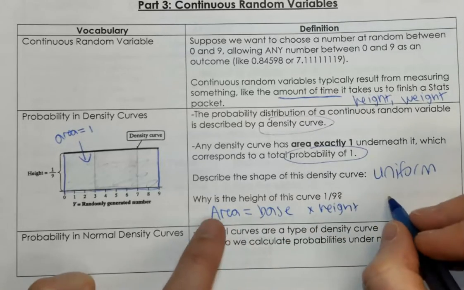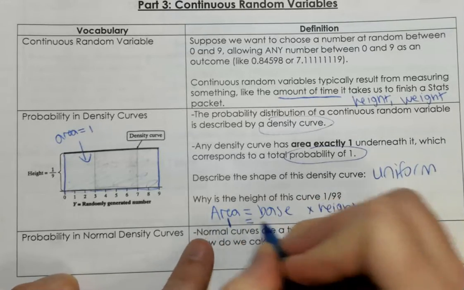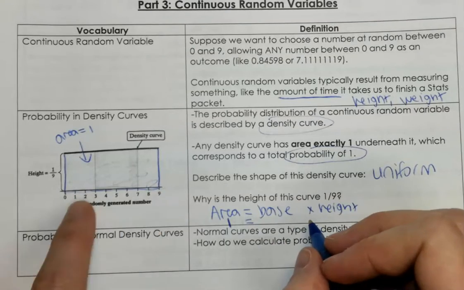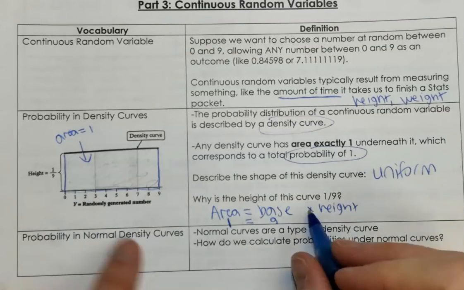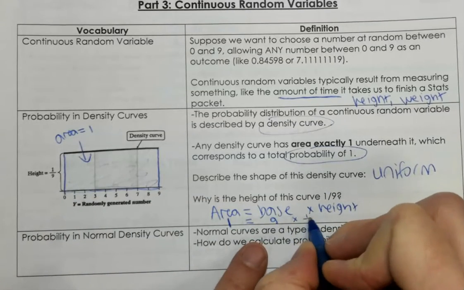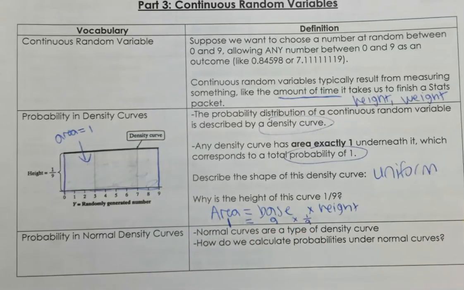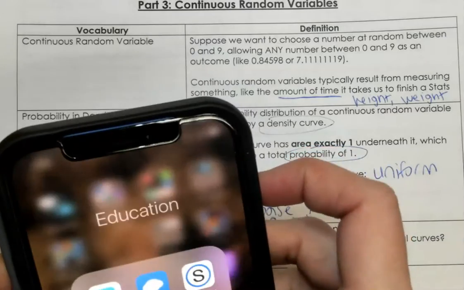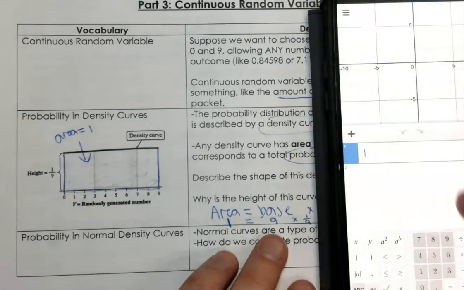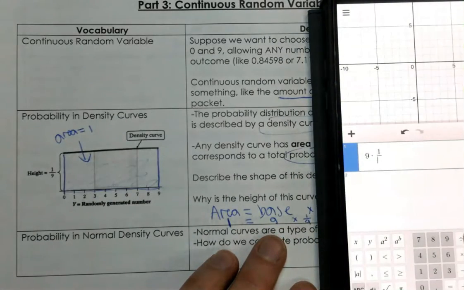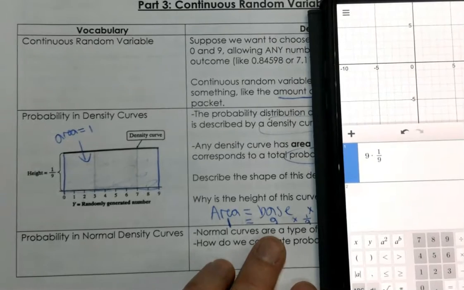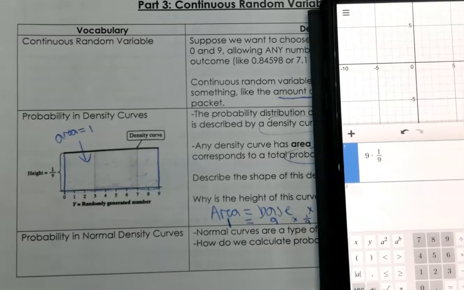So if the area is 1, the base is 9 units across, the height must be 1 over 9 in order for the product to be 1. Let me show you. 9 times 1 divided by 9 gives us 1, right? So the height had to be 1 over 9.